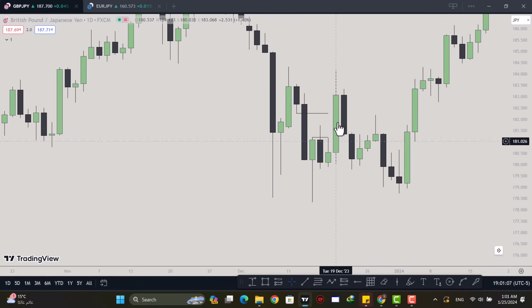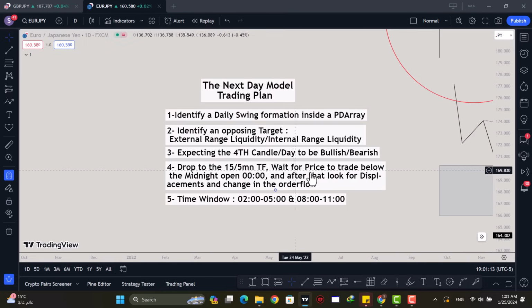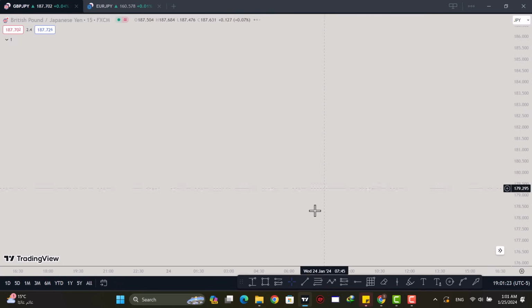It is obviously not bearish, it is bullish, but let's follow our plan and look for this criteria right here. So let's put a line here, and we're gonna drop lower and see if we have that final criteria.